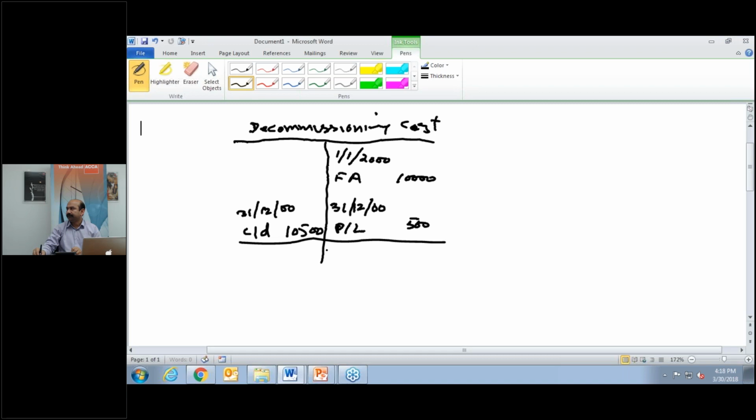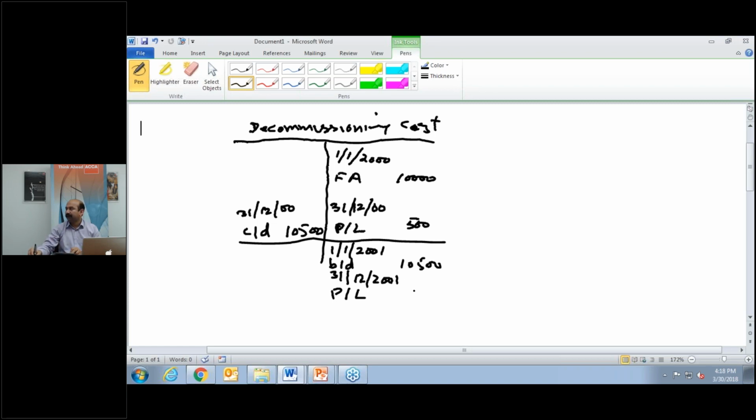Then the next year, 1st January 2001, opening balance 10,500. Similarly, on 31st December 2001, again you will be unwinding this amount, 10,500 into 5%.